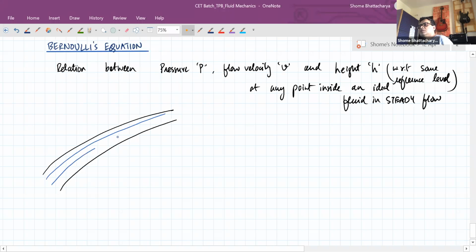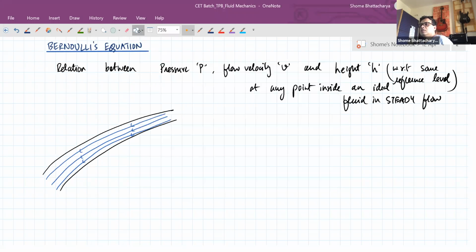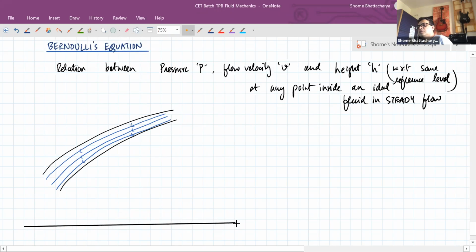So as usual, if this is a tube or a pipeline through which liquid is flowing gently in streamline motion, but it has variable cross-sectional area, and also it is not a horizontal pipe, it is in general a pipe which is in a vertical plane.